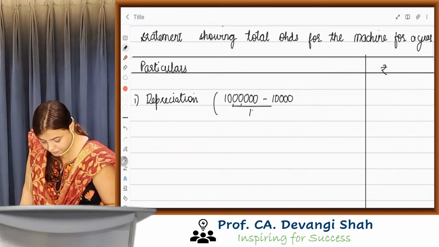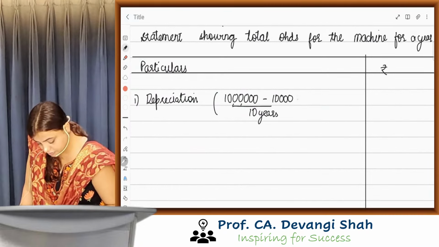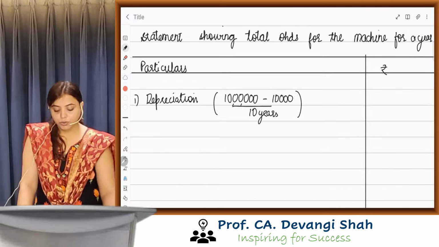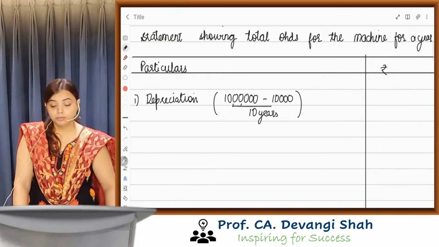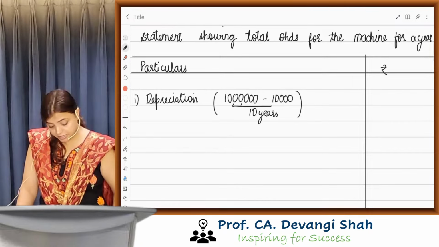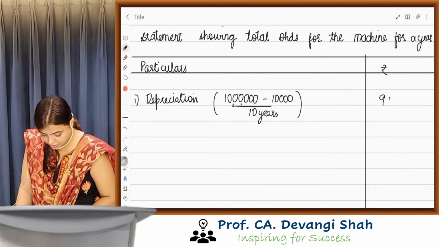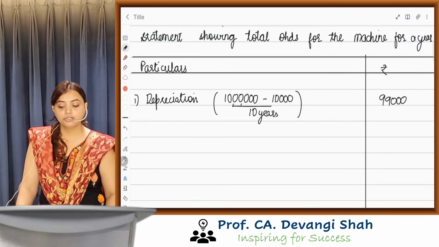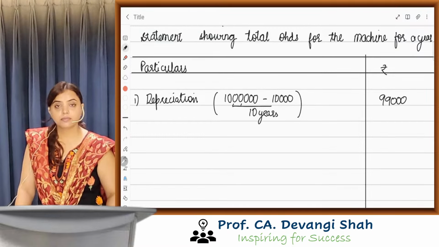Divided by life, 10 years. So what do you get? You subtract 10,000 from 10 lakhs, you get 9,90,000. Divided by 10 years, you get 99,000 as your depreciation. Okay?